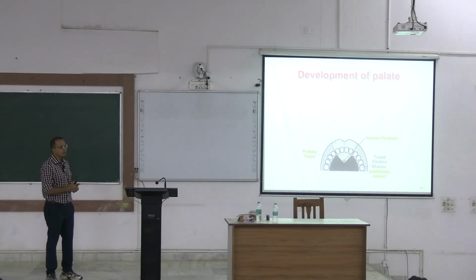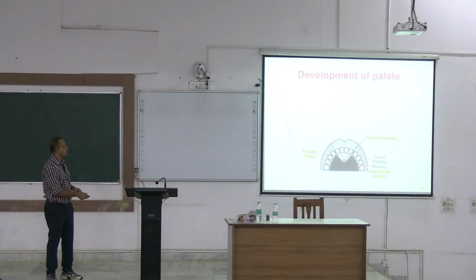So, the hard palate development is coming from two sources. The central, triangular part, we call the primary palate, and then we have these parts of the palate which are coming from the right side and left side, we call them the secondary palate. The secondary palate is of two halves, right half and left half.